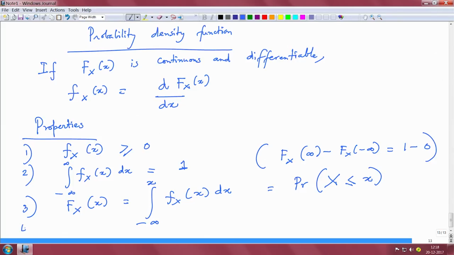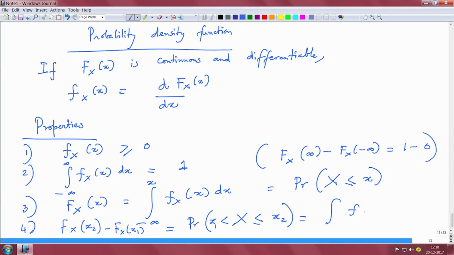Now, if you want to compute the difference in the probability distribution functions evaluated at 2 points x1 and x2, which gives you the probability that the random variable x is between x1 and x2, that can be obtained by integrating the probability density function between limits x1 and x2.